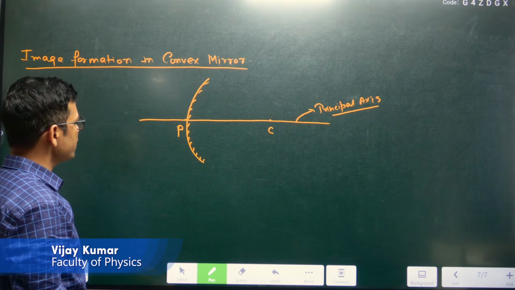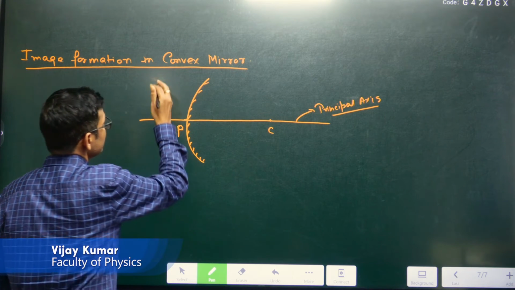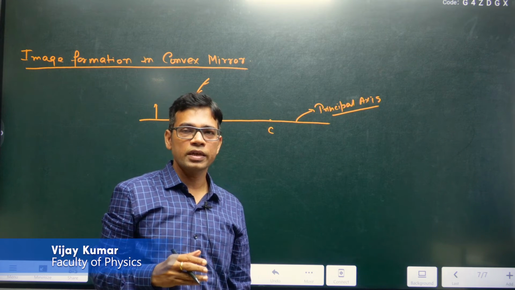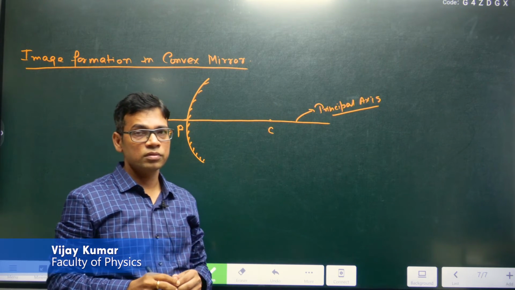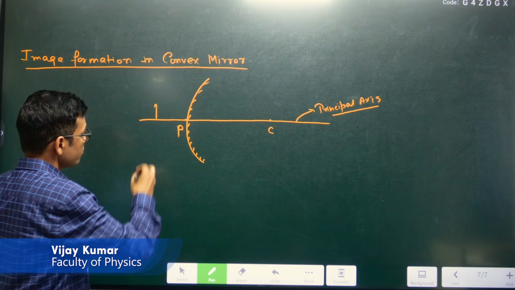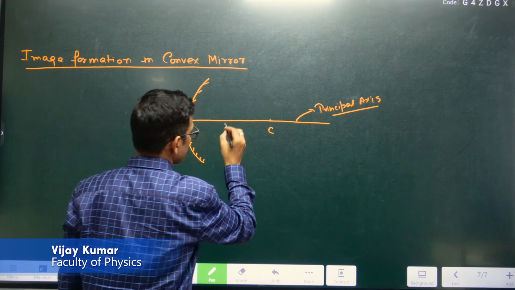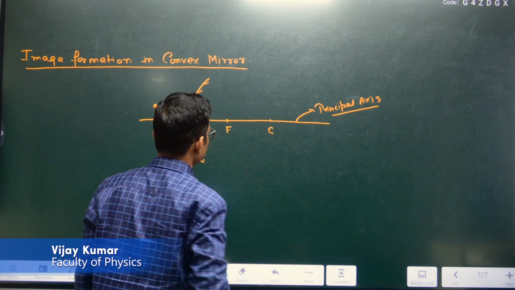Now suppose the object is placed here. In the case of the convex mirror, there is no special case; there is only one case for the image formation. Suppose this object is placed at this position, and this is the focus of the convex mirror.